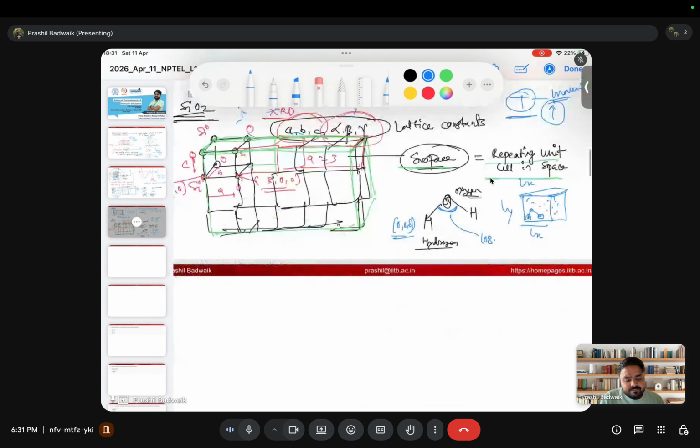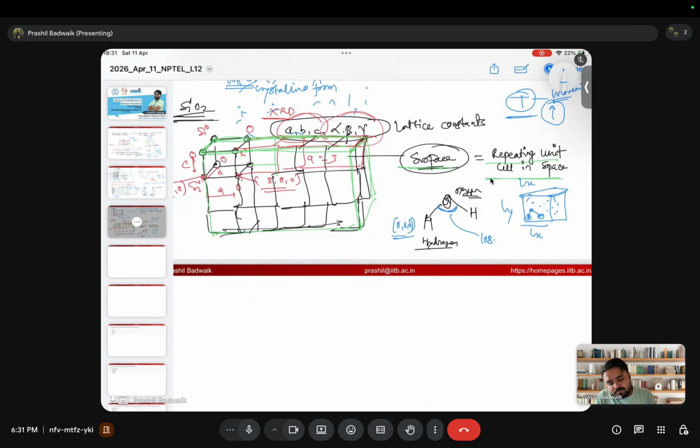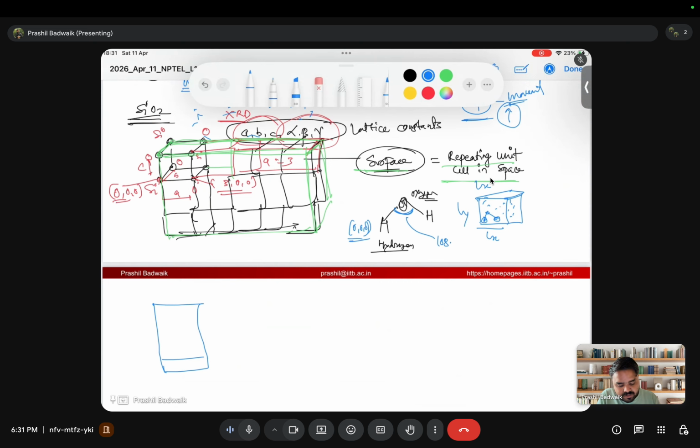So what we did, we have generated the coordinates. So now my system is ready. This is my surface for which I have generated the coordinates.